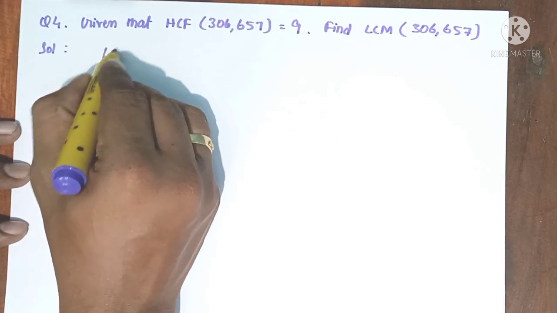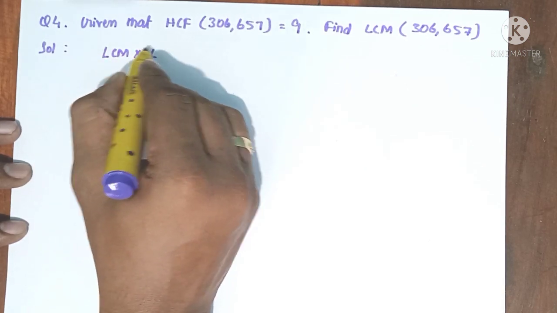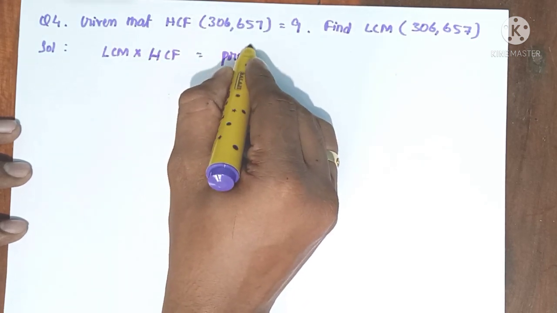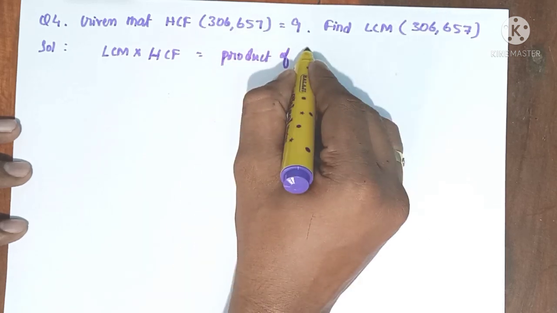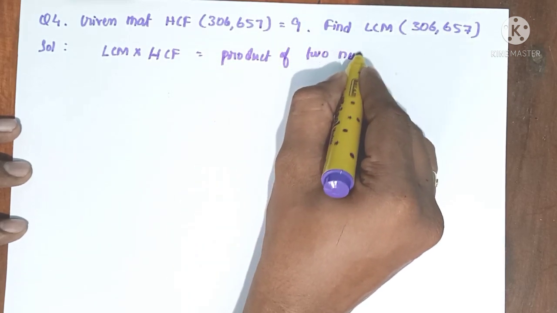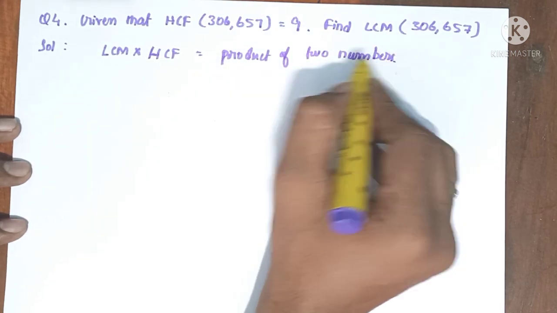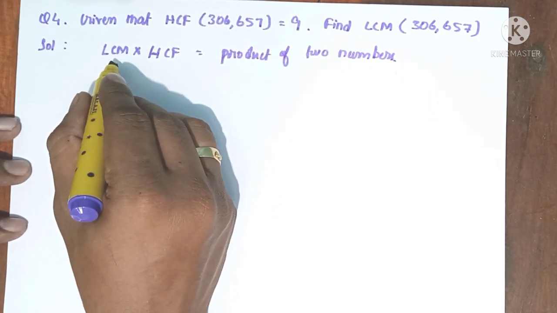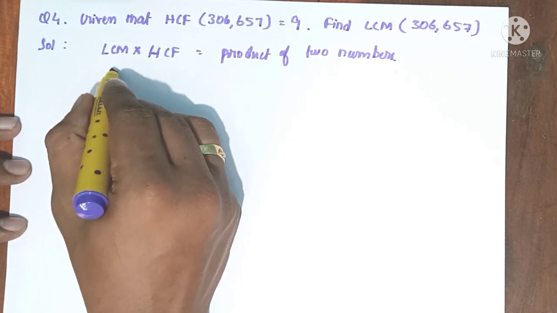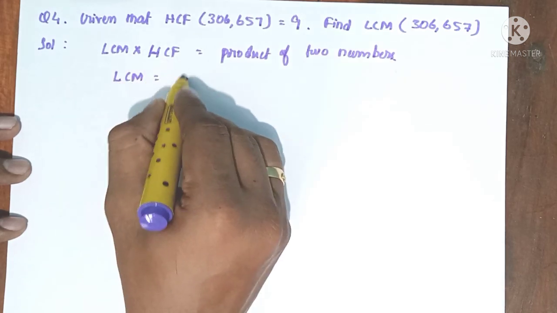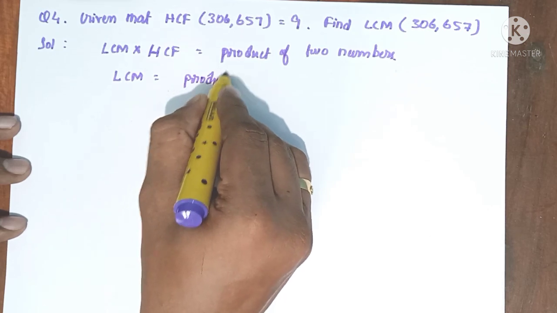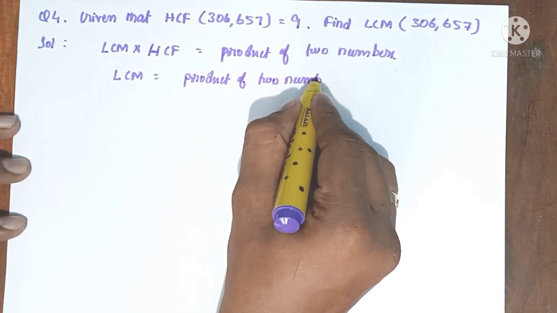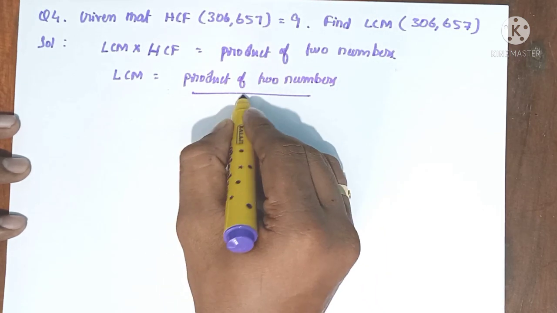We know that the product of LCM and HCF is equal to the product of the two numbers. Clear? So that means, we have to find the LCM. So we can write LCM is equal to the product of two numbers divided by HCF.